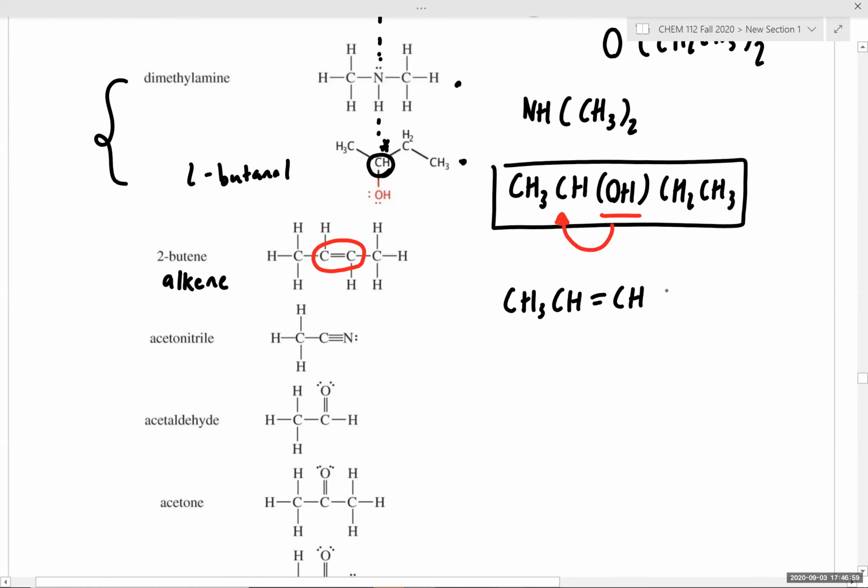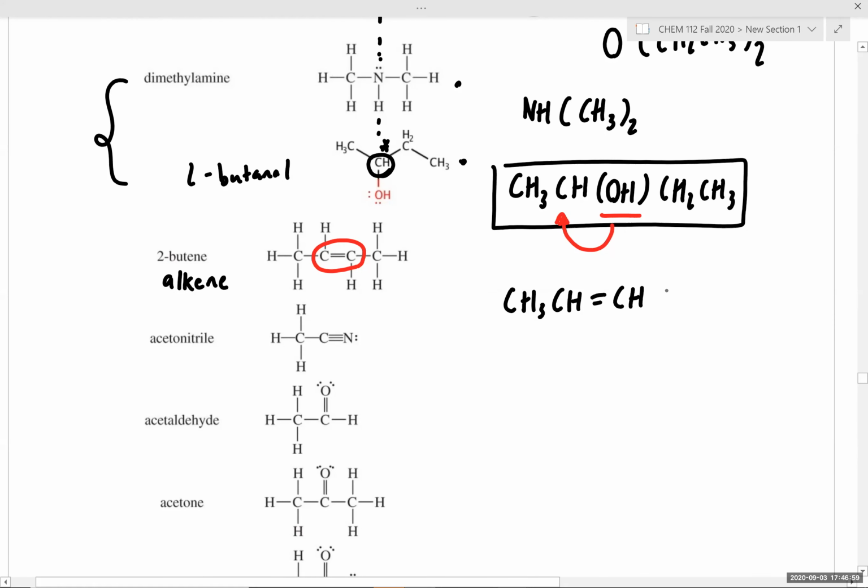So what I want everyone to do now is let's take about 1 to 2 minutes and let's try to write out the condensed formula for acetonitrile, which has a carbon-nitrogen triple bond with this functional group being known as a nitrile. It says so in the name even.